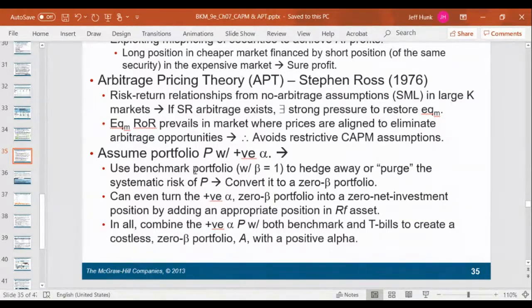So we have to use a benchmark portfolio with beta of 1, right, to hedge away or purge the systematic risk of the portfolio P. Okay, this P will be our arbitrage portfolio.